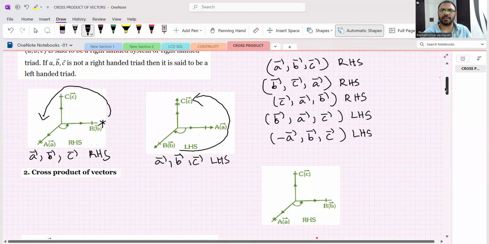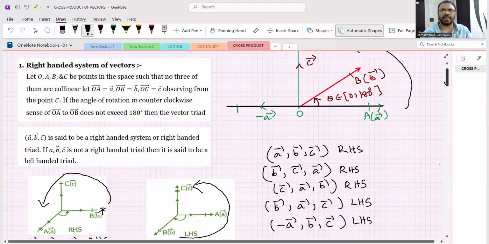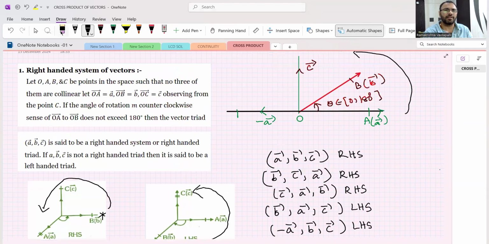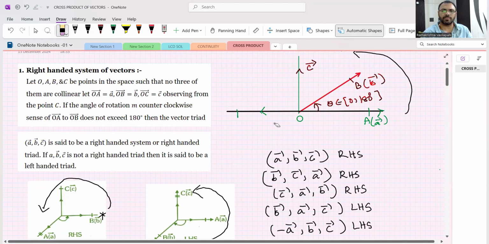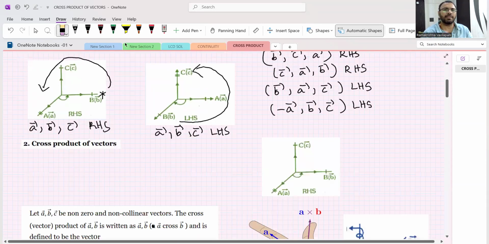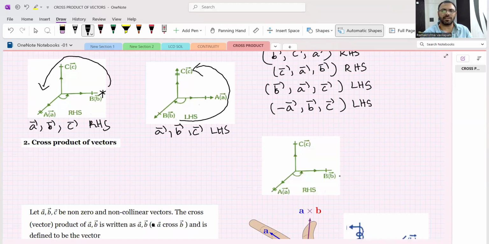If any vector of a right-handed system is replaced by the negative of that vector, then the system will be reversed. Here is an example. This is a right-handed system. If I take a negative vector, minus A bar, this is in the opposite direction.